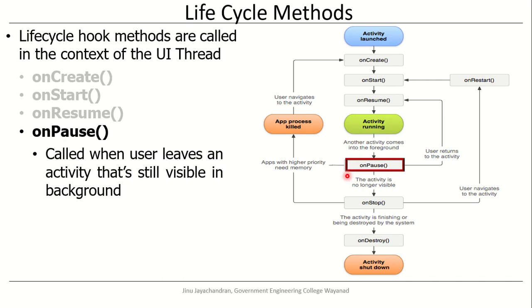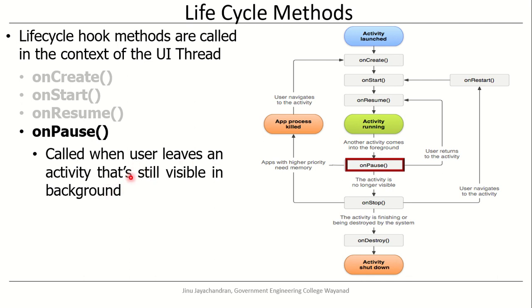Now, as I said earlier, let's say you click a sharing button in the application. When you click the sharing button, it will pop up options like Gmail, WhatsApp, Facebook, etc. for sharing. The activity will still be visible, but the focus will go to the sharing dialog. During that time, the activity is in the pause state, so the onPause callback will be called.